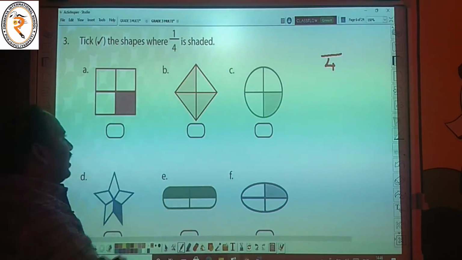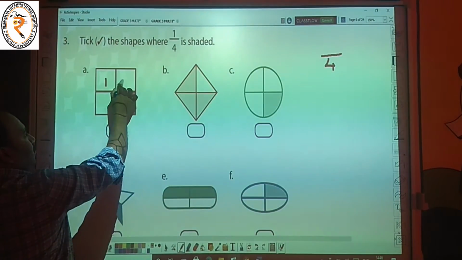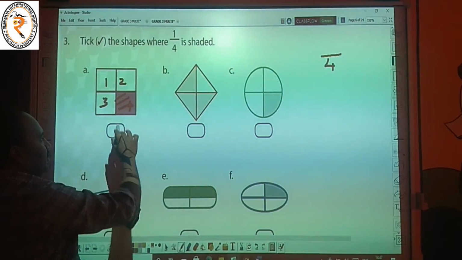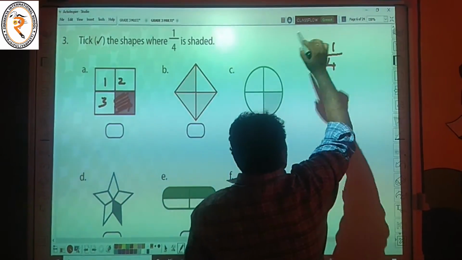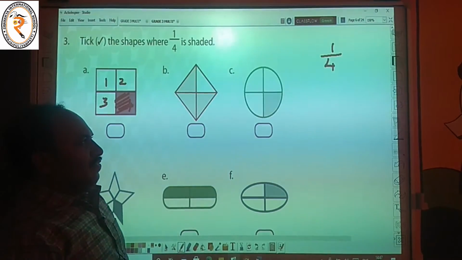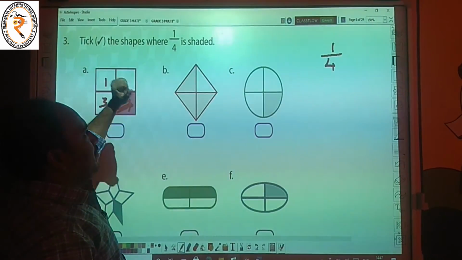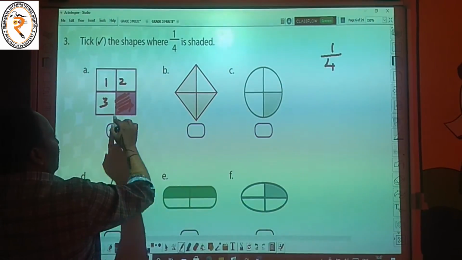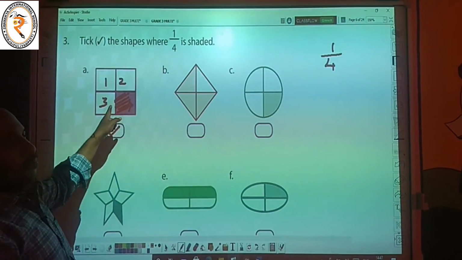And the shaded portion is only 1. 1 is the numerator, so our fraction is 1 by 4. Our question is to tick the shapes where 1 by 4 is shaded. Here also 1 by 4 is shaded, so tick it.